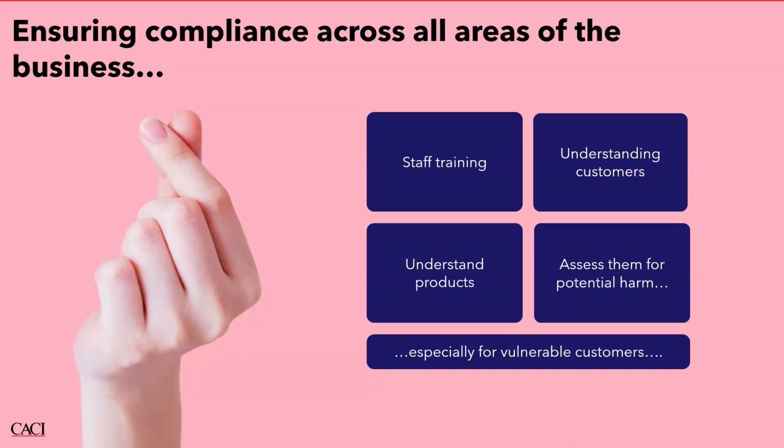This means that you've got to have a really deep understanding of your customers and the journeys that they take across your products and services. And you need to assess where there's potential for customer harm. This is especially the case for customers with characteristics of vulnerability, so that they don't have worse outcomes as a result of their vulnerability.